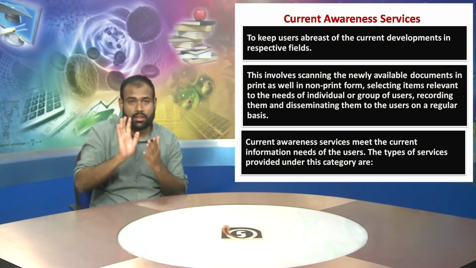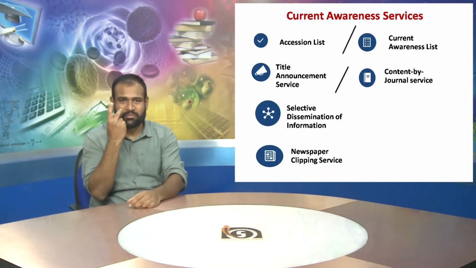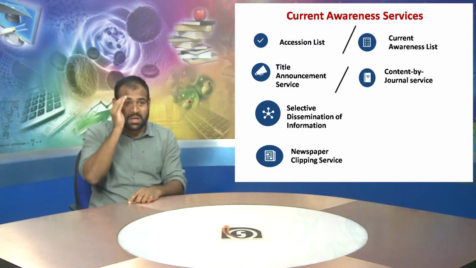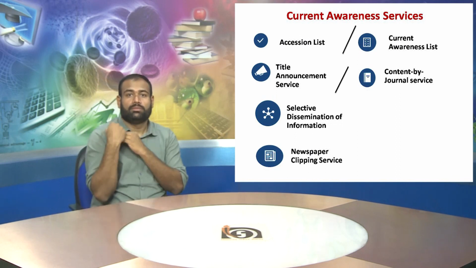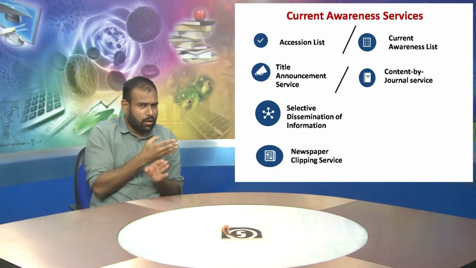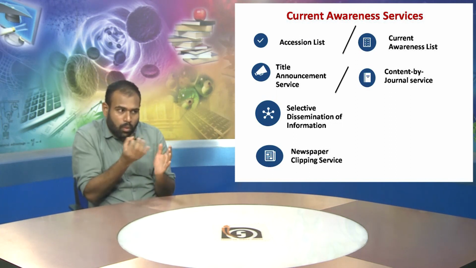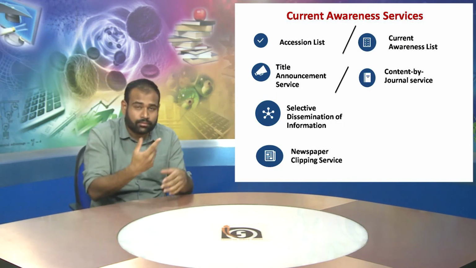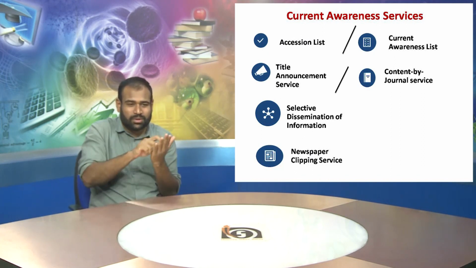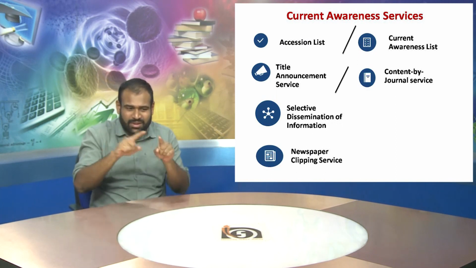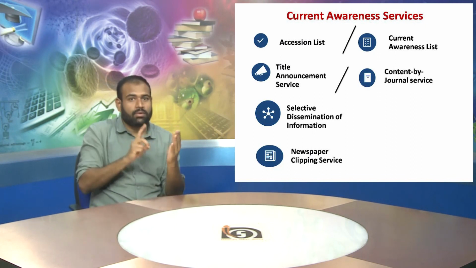The type of services provided under this category are explained further in further slides. You can see the current awareness services. These are some of the services. You can see them on screen. The first is accession list, which is the current awareness list.